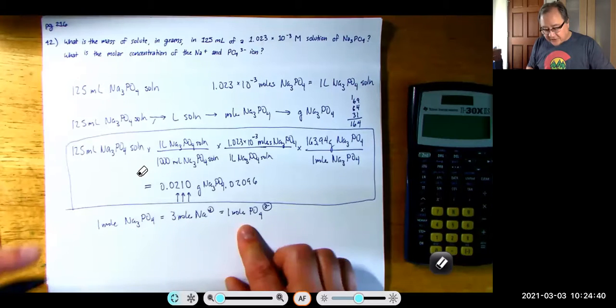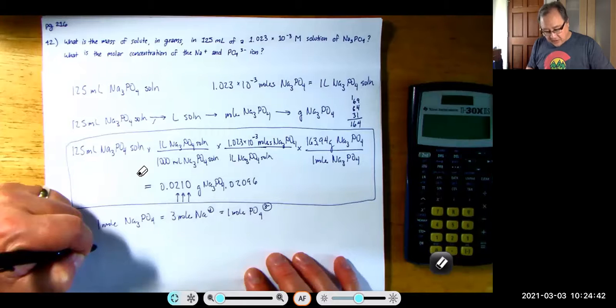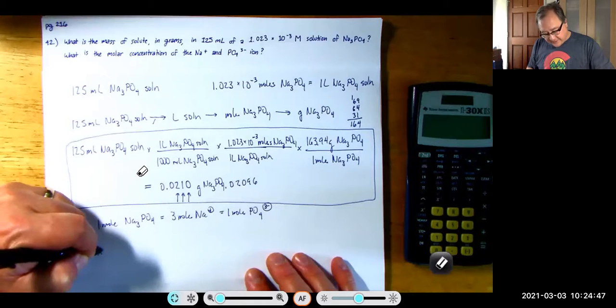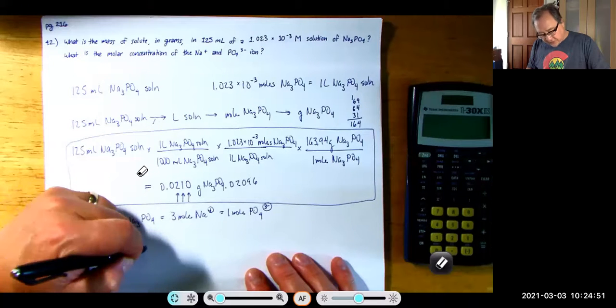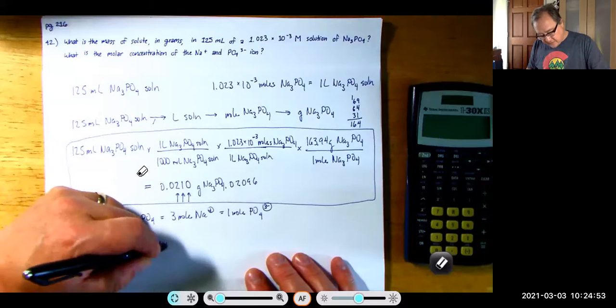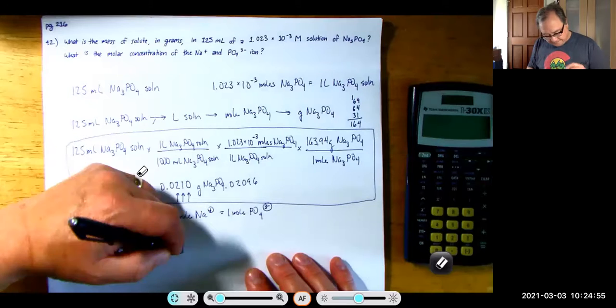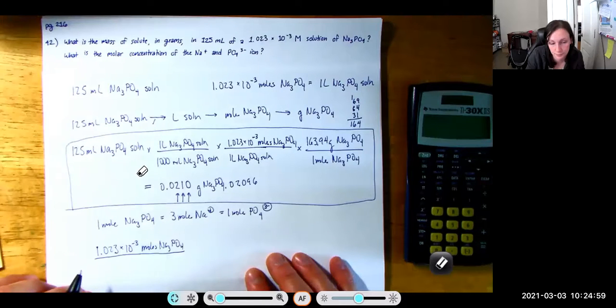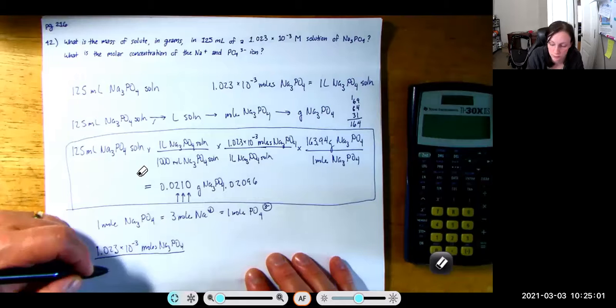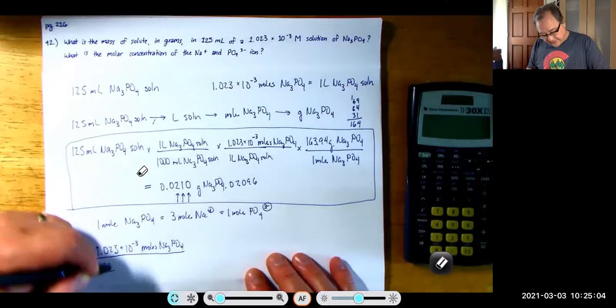So if we take this concentration here of 1.023 times 10 to the minus 3 moles of sodium phosphate per how much? 1 liter. 1 liter exactly.